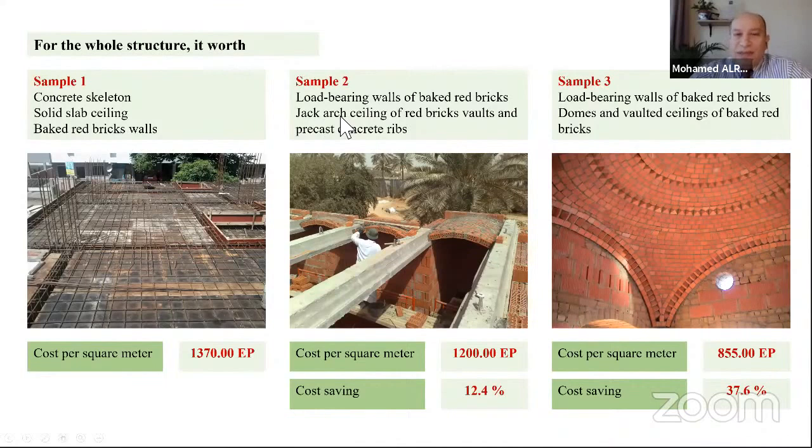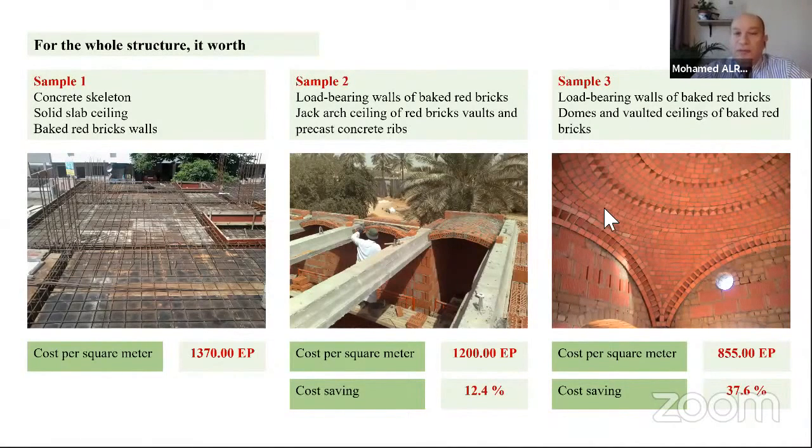For the second alternative, we used load-bearing baked red bricks, and for the ceiling we used precast ribs of precast reinforced concrete. And for the third option, we didn't use any concrete elements at all. We used only red bricks.